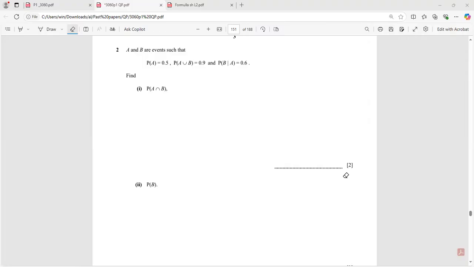Okay, number 2. Here we have A and B probabilities. Probability of A equals half, the union equals 0.9, and B given A equals 0.6. Find the intersection.